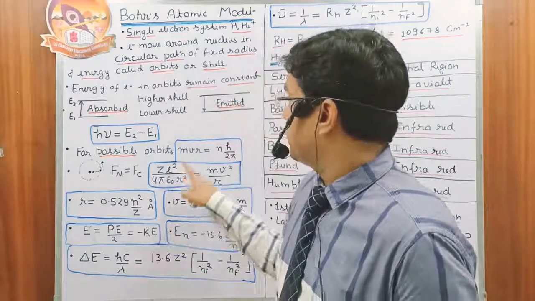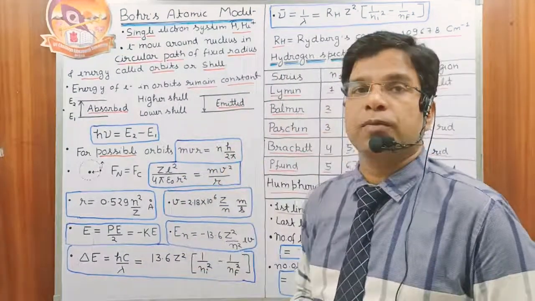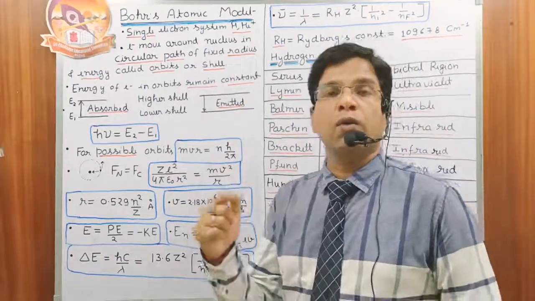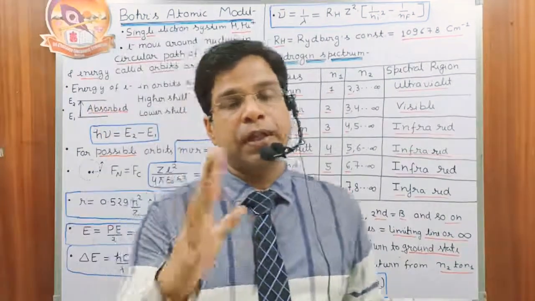Angular momentum mvr is equal to n times h upon 2 pi, where n is 1, 2, 3, 4, 5, 6, and each value of n represents the shell.